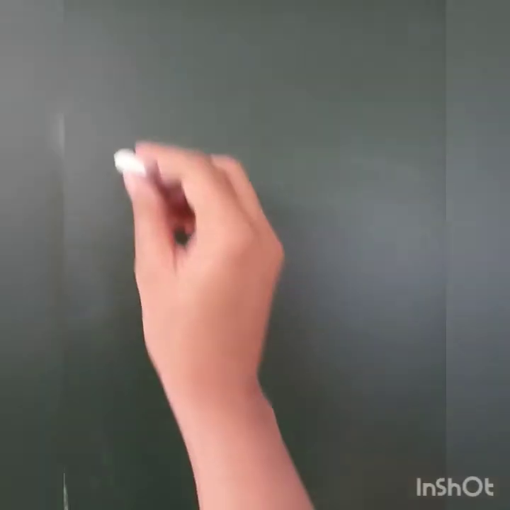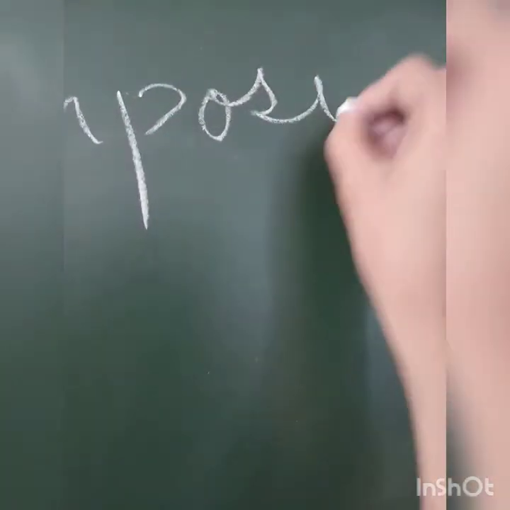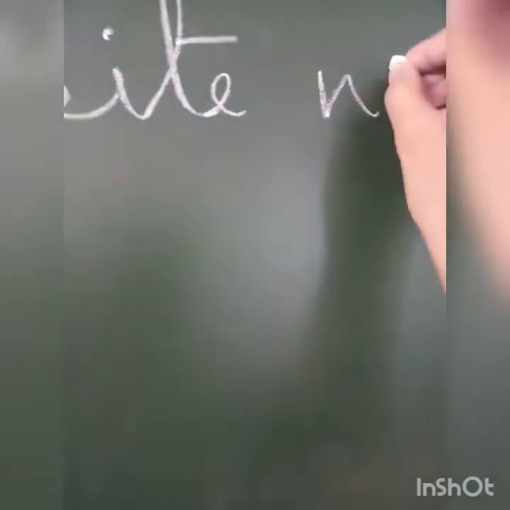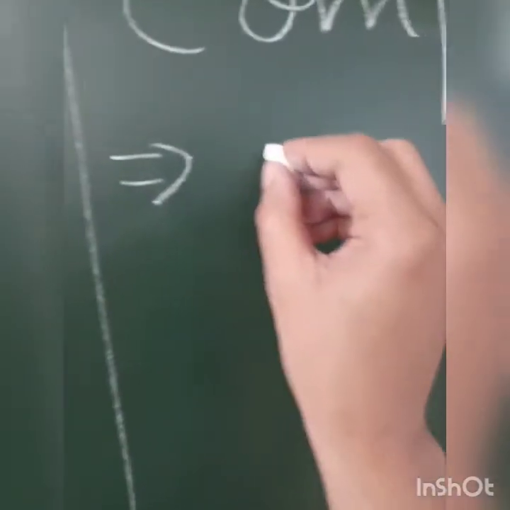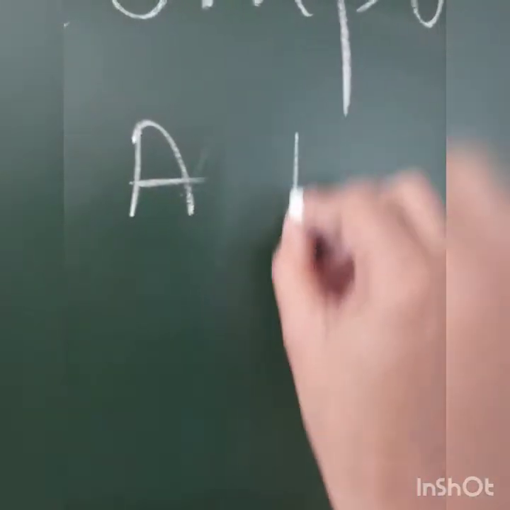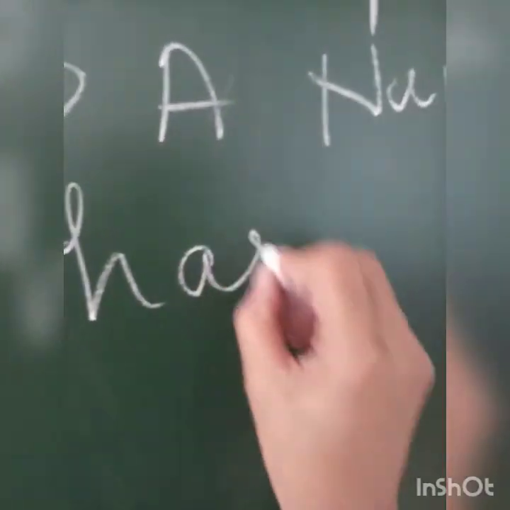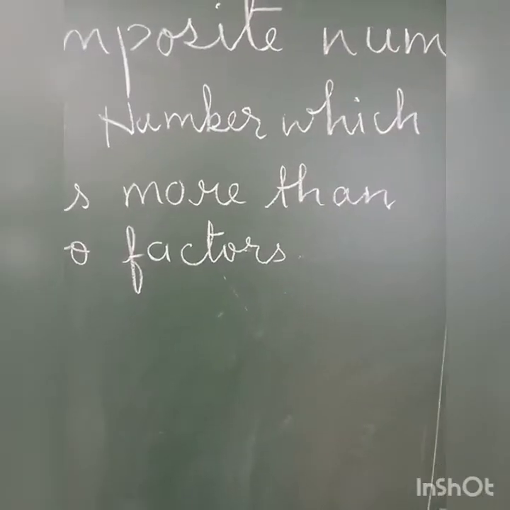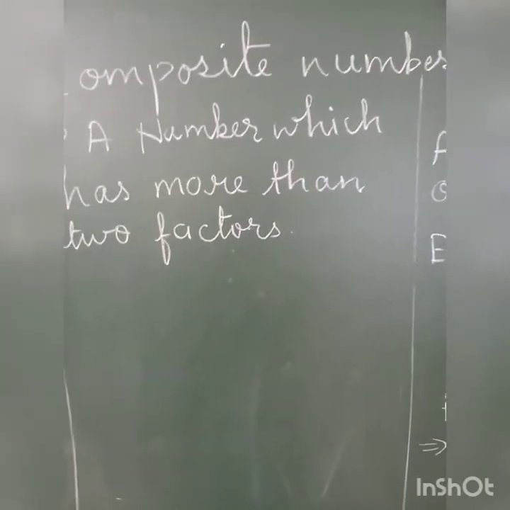Let's start now with composite numbers. What is a composite number? A number which has more than 2 factors is called a composite number.